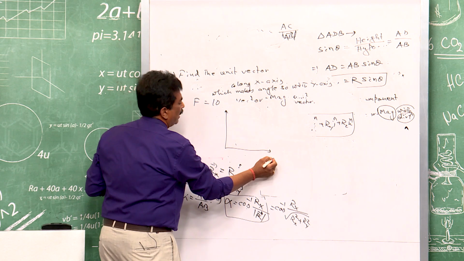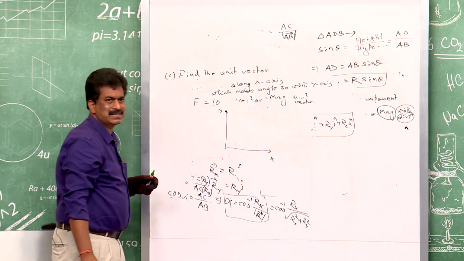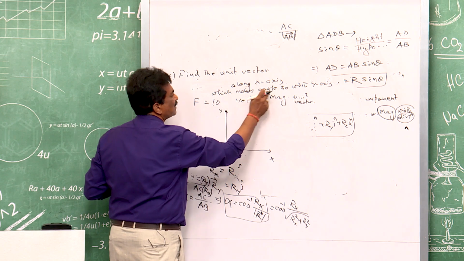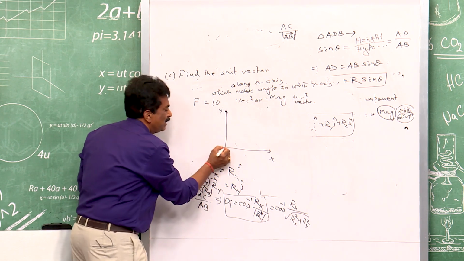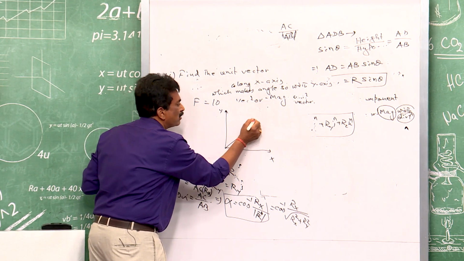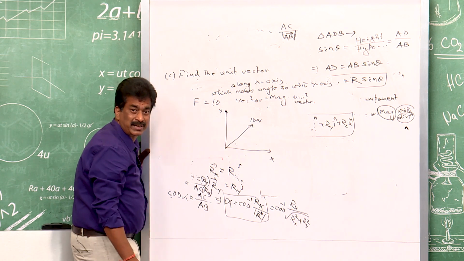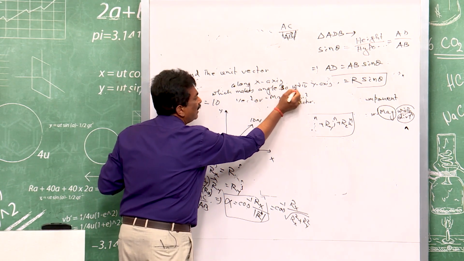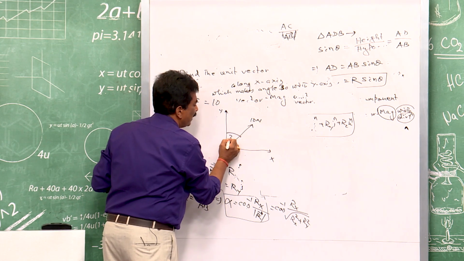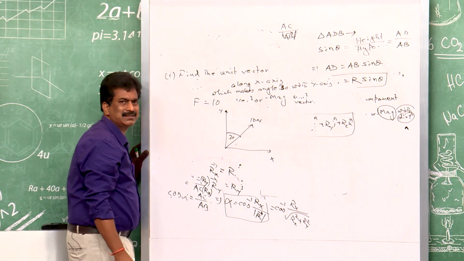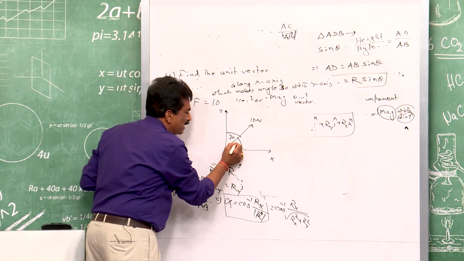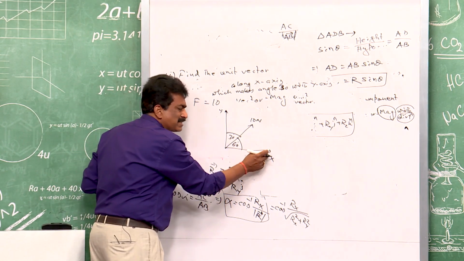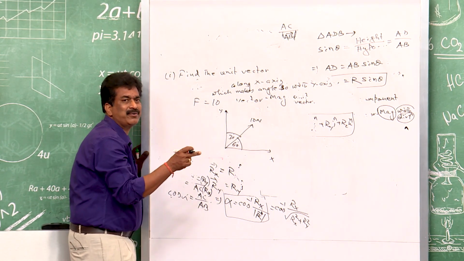Suppose x axis, y axis. This is the force, that is the 10 Newton. It makes 30 degree with the y axis, and along the x axis that angle will be 60 degree. So, by taking this 60 degree you have to find its unit vector.